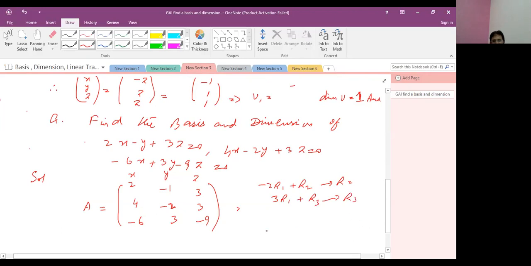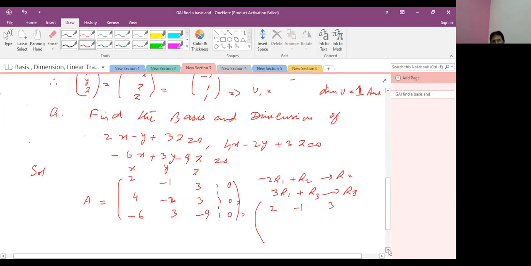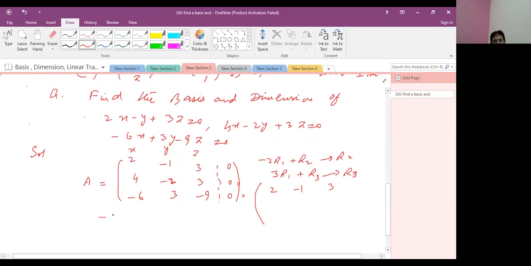So it means the first row stays as it is, and because it is a homogeneous equation, we write the equation as a homogeneous equation. So minus 2 times R1 plus R2 changes into R2, 3 times R1 plus R3 changes into R3.